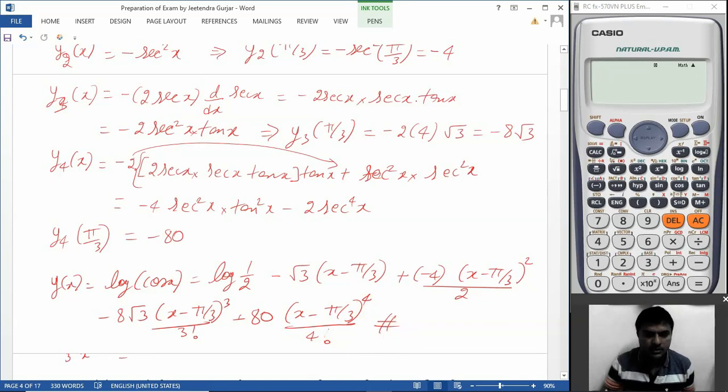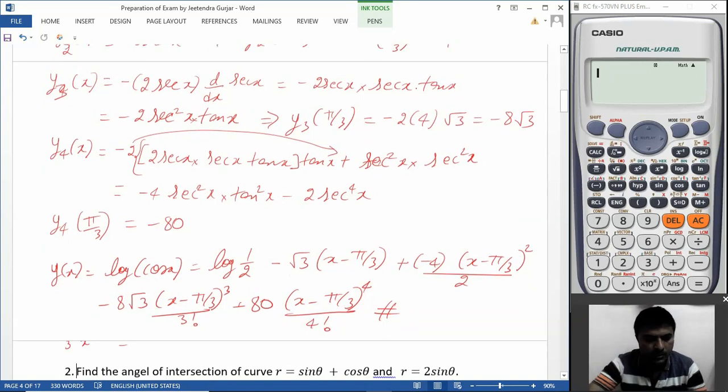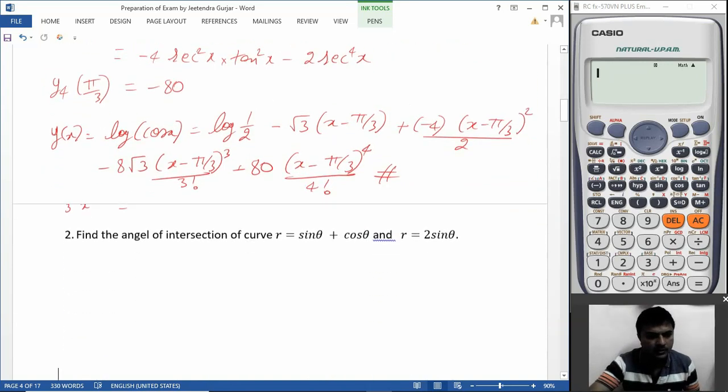This is the answer. If this answer is correct, students, you will get the full marks. Without wasting the time, we'll go to the next one.